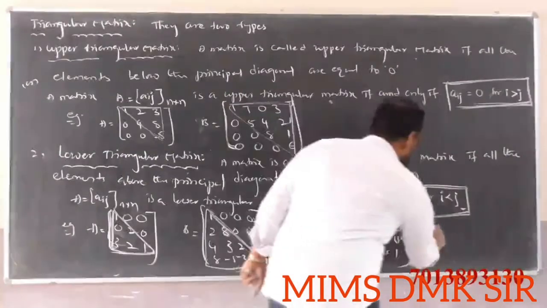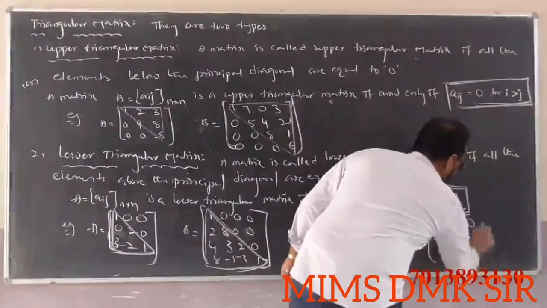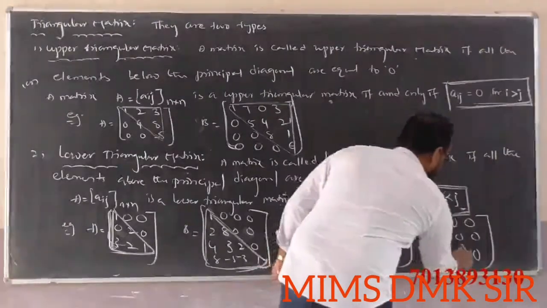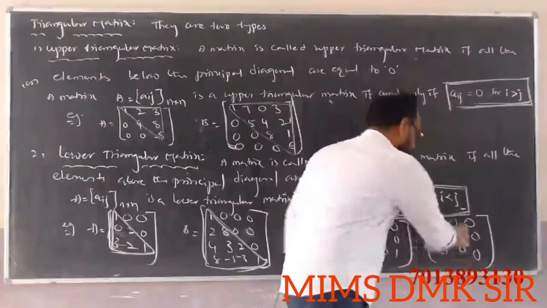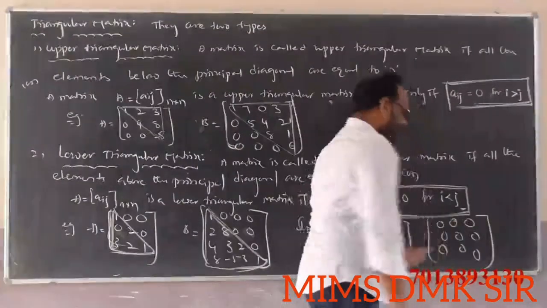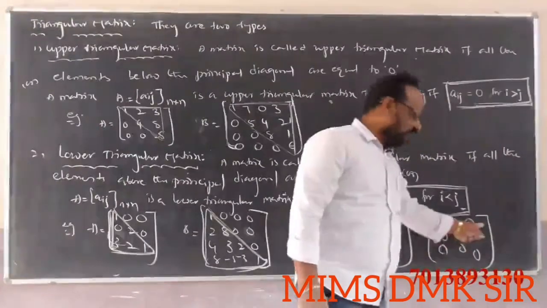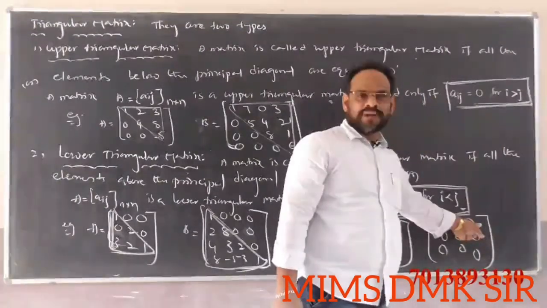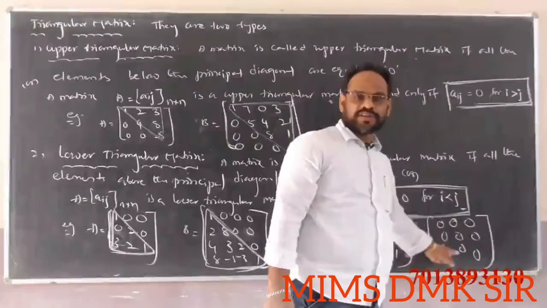If you take the null matrix 0 0 0, 0 0 0, 0 0 0, of order 3 or order 4, order 5. Clearly observe here, this is a null matrix of order 3. All the elements above the principal diagonal are zeros, and below the principal diagonal are also 0.